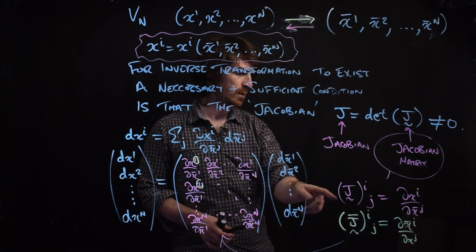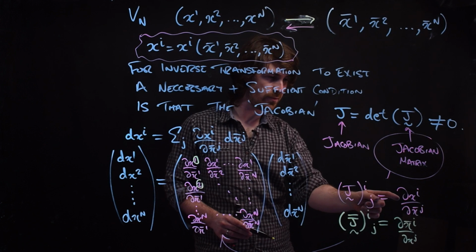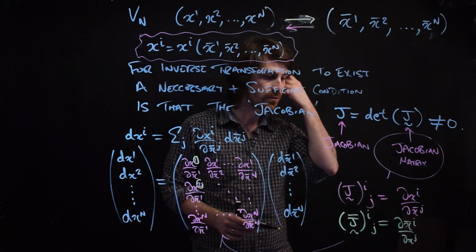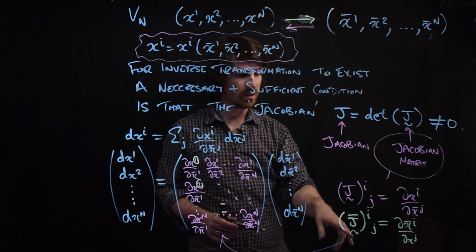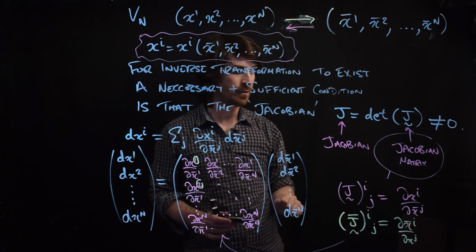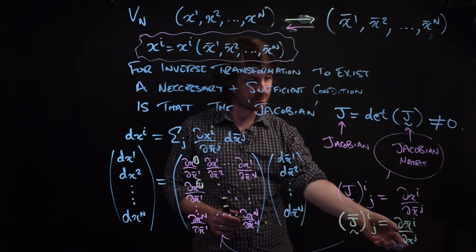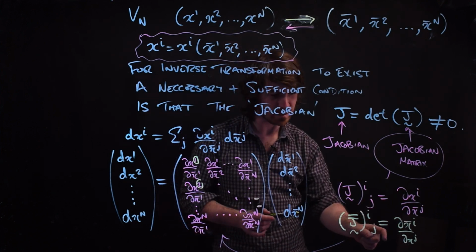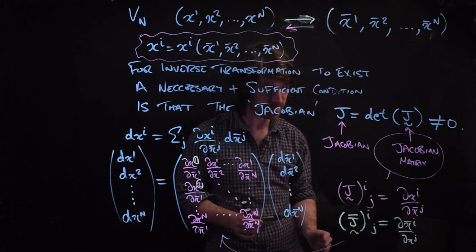So the inverse transformation involves partial derivatives of the unbarred coordinate system with respect to the barred coordinates, and the forward transformation involves elements which are partial derivatives of the barred coordinate system with respect to the unbarred coordinates.